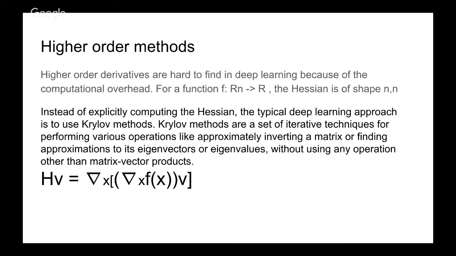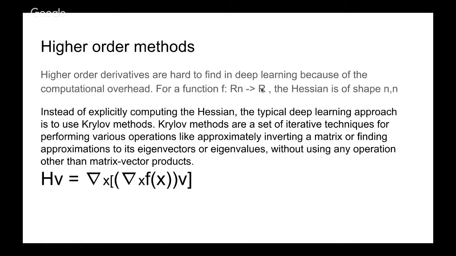If you have a function, like the cost function, that takes a vector and produces a single cost value, the Jacobian is the first degree and the Hessian is the second. If you have a function from Rn to Rn, then the Jacobian is n cross n.